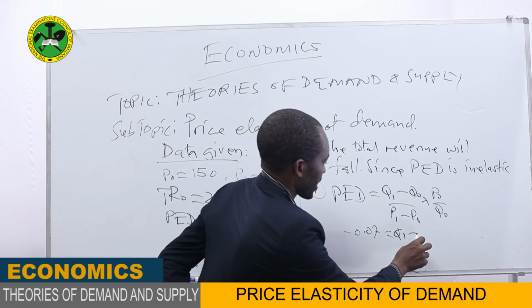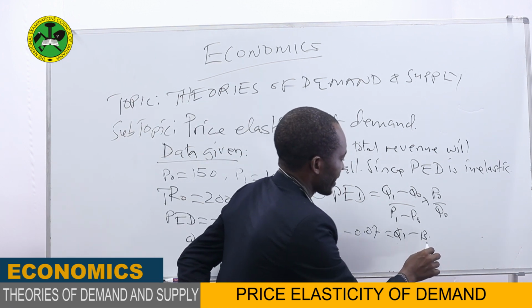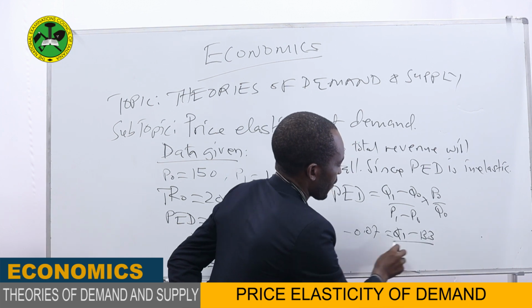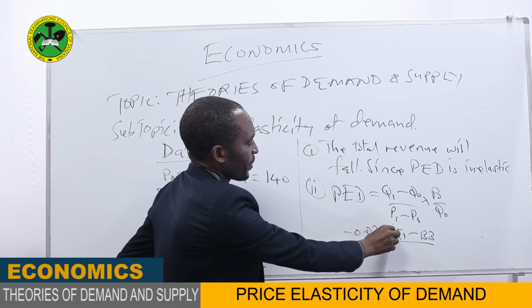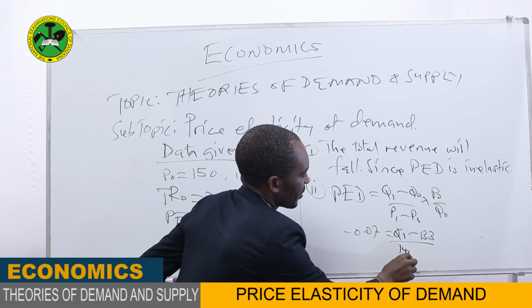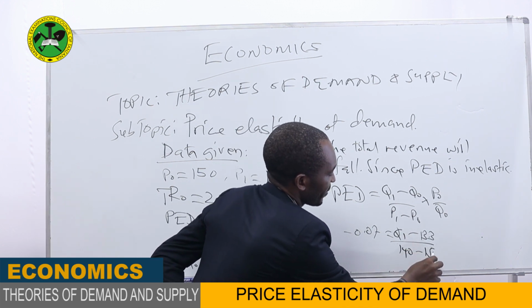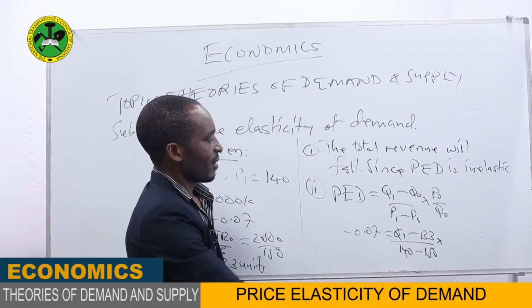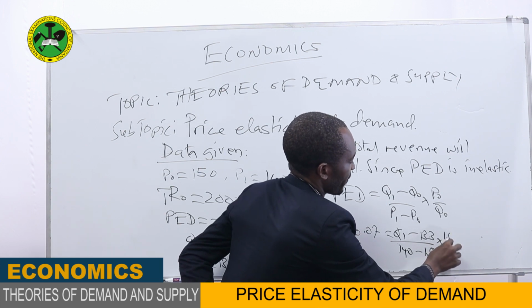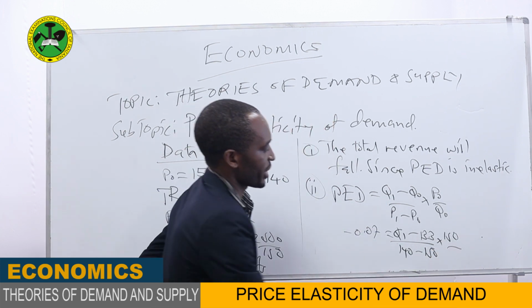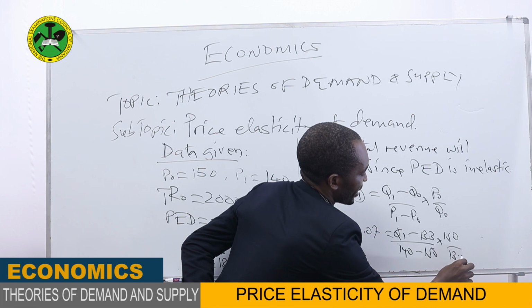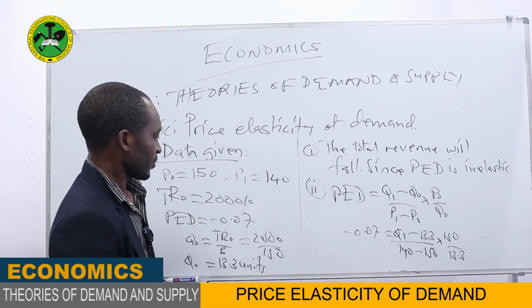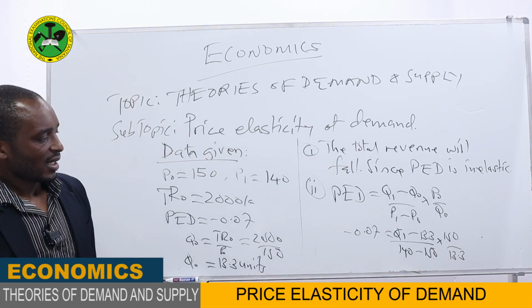So here you subtract 13.3 over P1, which is 140, minus P0, 150, then times P0, which is 150, over Q0, which is 13.3. Okay?